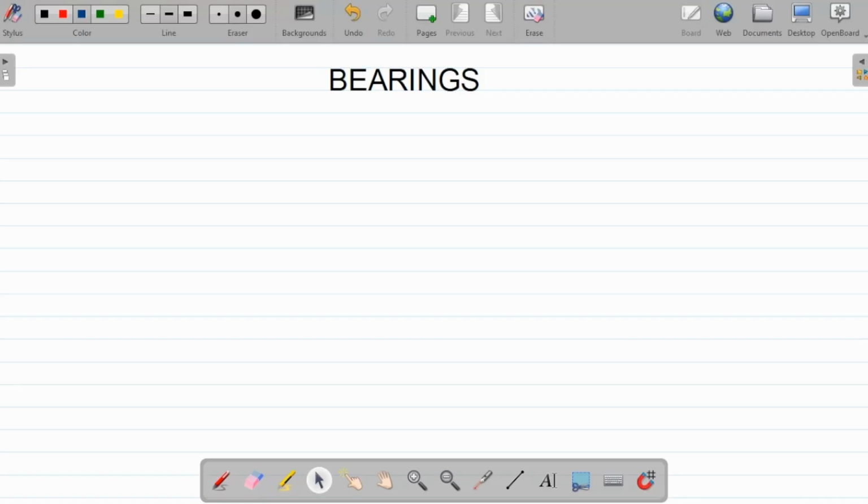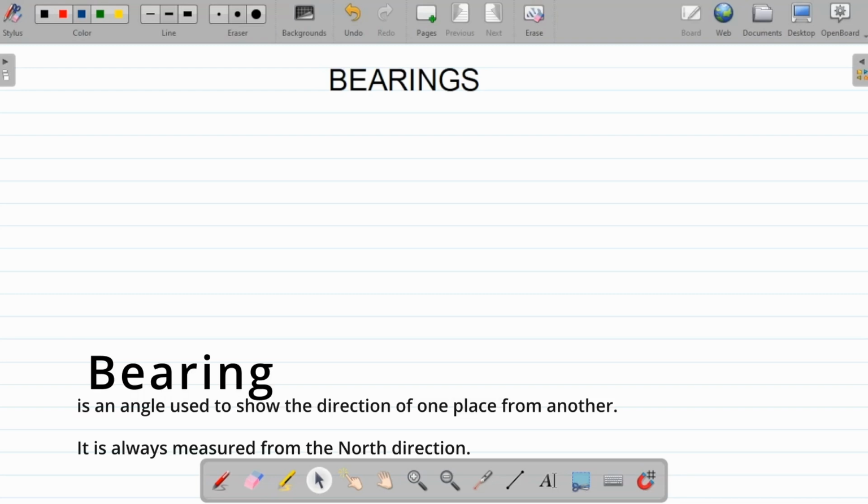I don't think you'll be able to give me the direction from Accra to Kumasi if I'm a pilot in the air, right? To do something like that, you need bearings. So this is where bearings come in. The question is, what is a bearing? That's the first question we are going to look at.